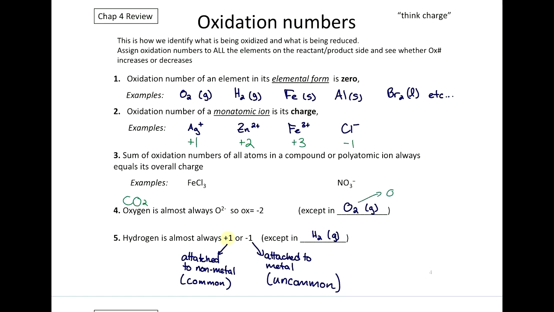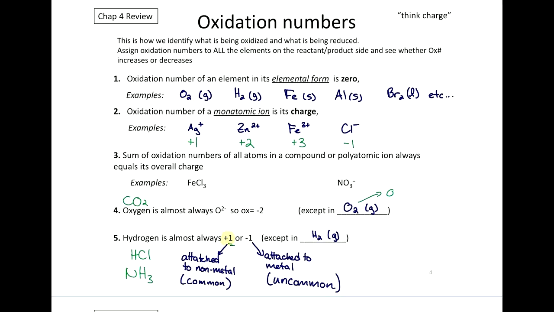Also, hydrogen, when it's present, helps us figure out the oxidation number of everything else. So hydrogen is almost always +1. That's the most common. Sometimes you'll see -1, but that's less common. Hydrogen is +1 when it's attached to a non-metal, something like HCl, NH3. In all of those, hydrogen has a +1.